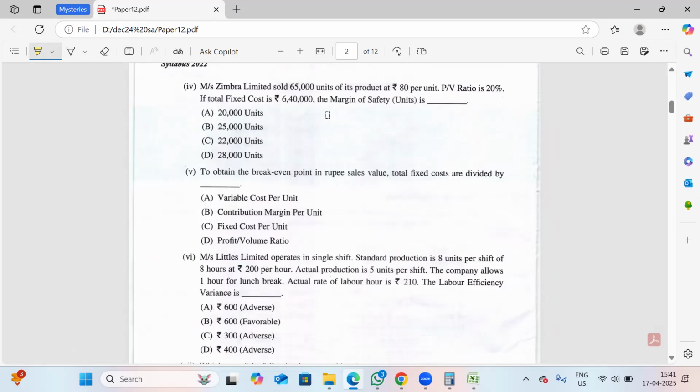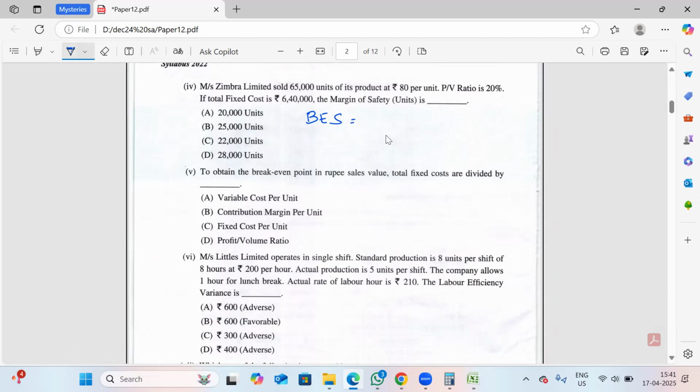For calculating margin of safety, I require the break even point. My margin of safety formula is total sales minus break even sales, so I need break even sales. We can calculate break even sales as fixed cost divided by PV ratio.